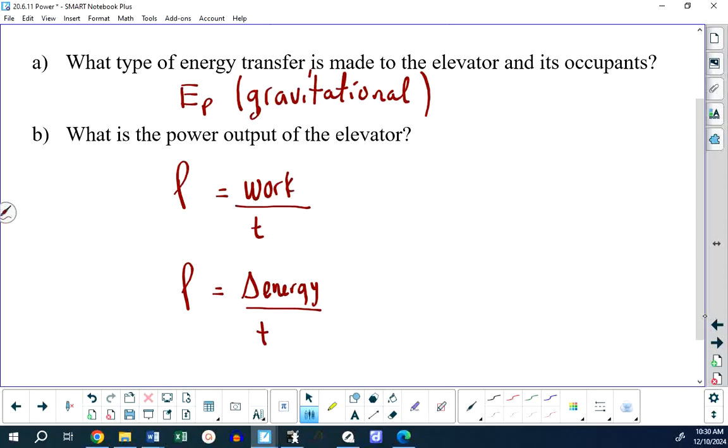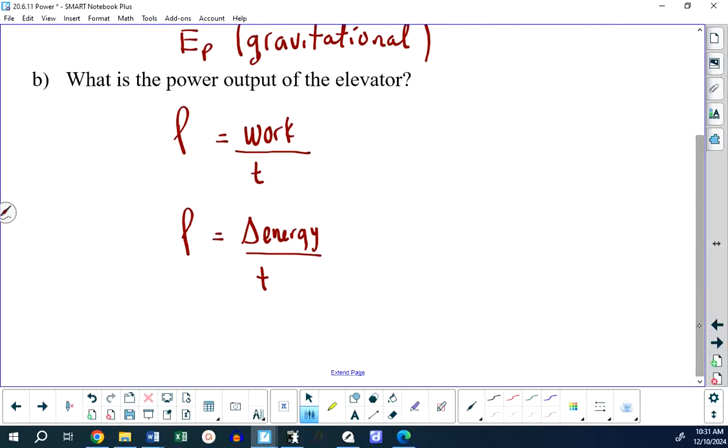And question B is a question you should be able to answer without being prompted to answer question A. You get my drift there? I shouldn't have to tell you it's potential energy. You should be able to figure that out. But the bottom line is we're going to end up with power equals mgh over T, which is certainly not a formula on your formula sheet. We built it, like we've built a dozen other formulas in this course.